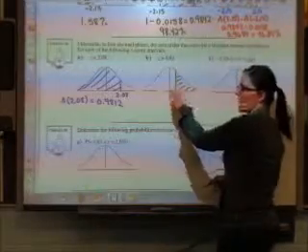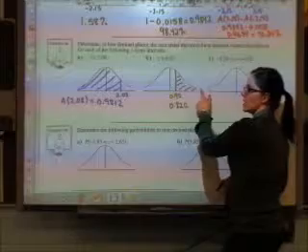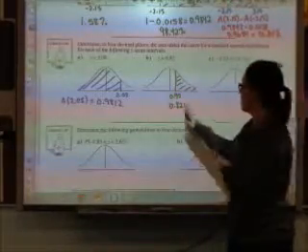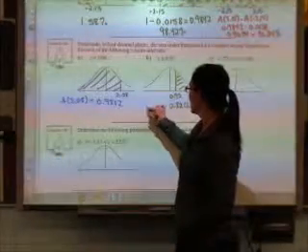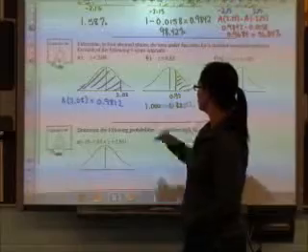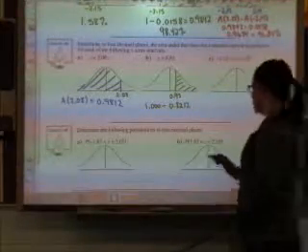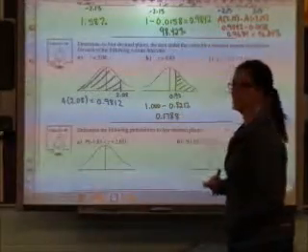And if I look at this diagram, there's no way that this could be this area, because it's more than half, and this is clearly less than half. This is to the left. So to figure out to the right, I'm going to subtract it from 1. And that will leave me with 0.1788.